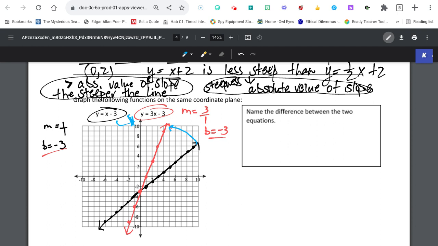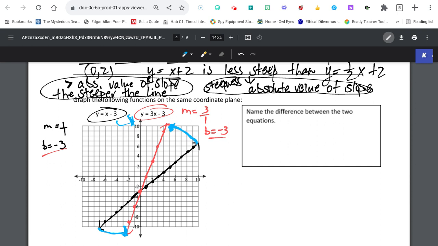Or if you take the tail end of the black line, this will be pushed down while this rotates up. So start off looking at the top part first, because it's going to tell you about the steepness of the line. You can see the red line is steeper than the black line.